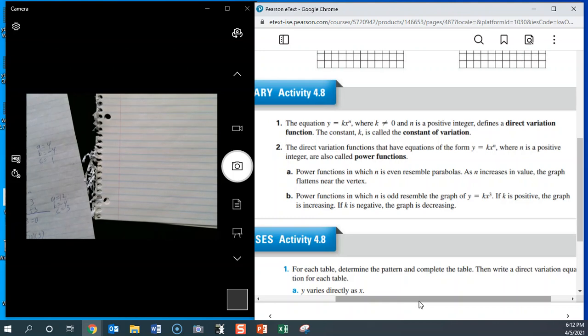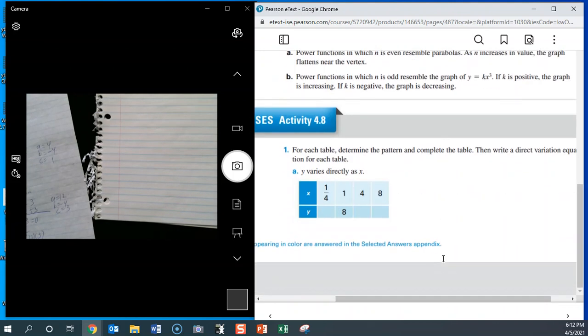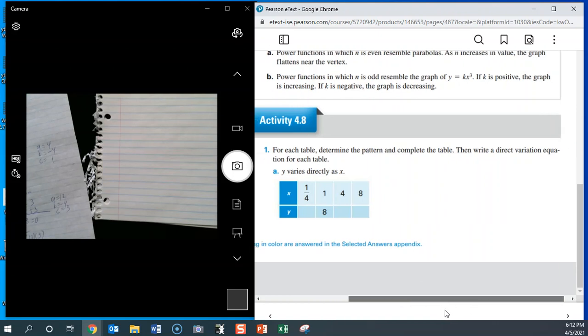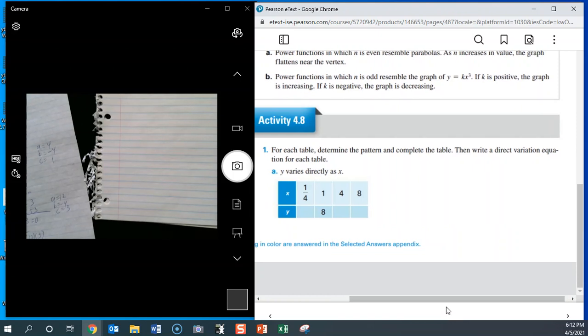So if we look here down at number 1, it says for each table, determine the pattern and complete the table. Then write a direct variation equation for each table. So it says y varies directly as x.